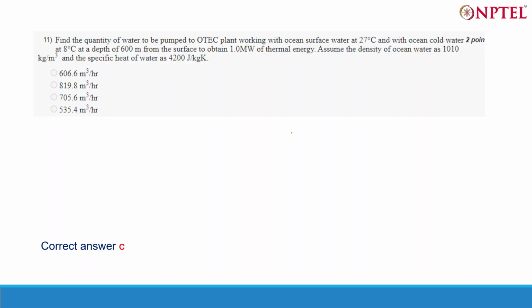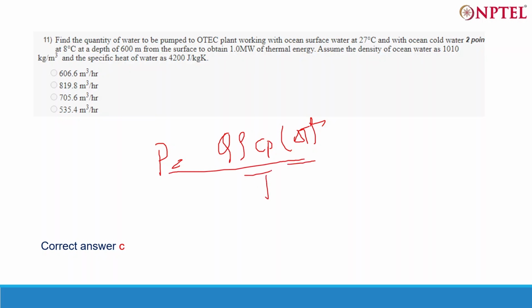Now question 11. Find the quantity of water to be pumped on the ocean surface with cold water at this temperature and 1 megawatt, assume the density. Similarly you have to apply this formula: P equals Q rho Cp del T square upon Th. Now P you know, 1 megawatt. Q you have to calculate. You need to find the quantity of water to be pumped.